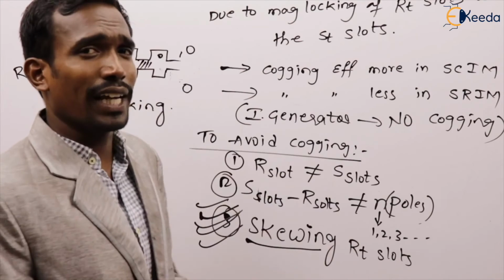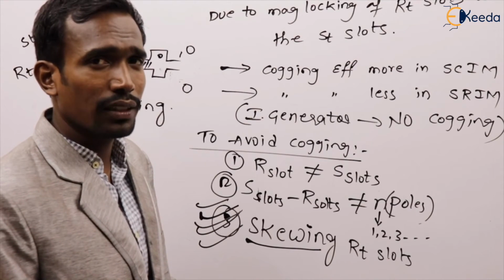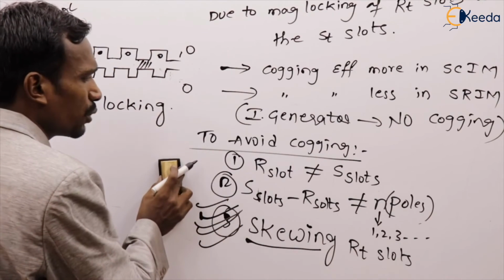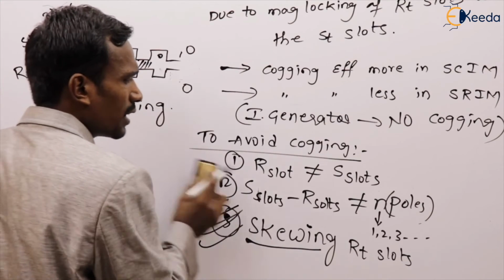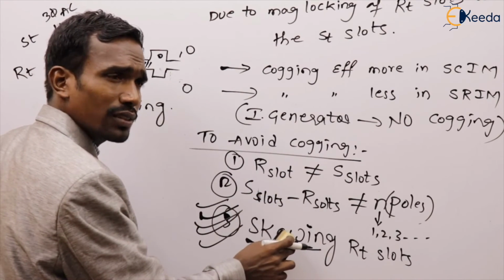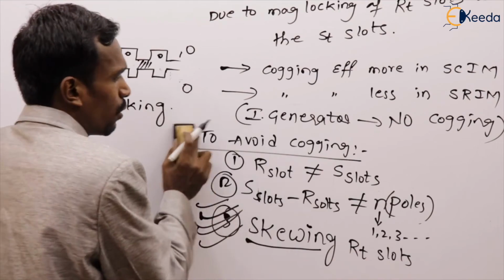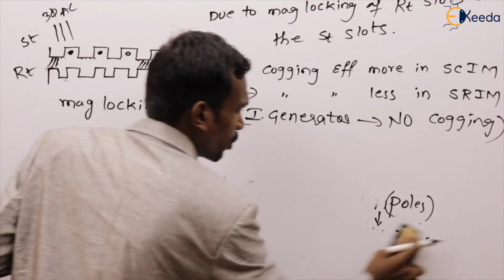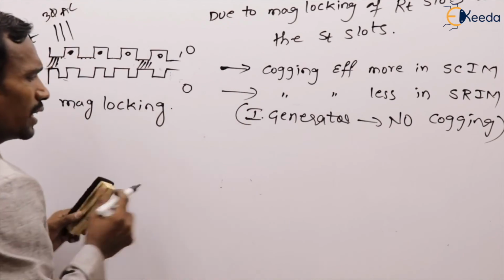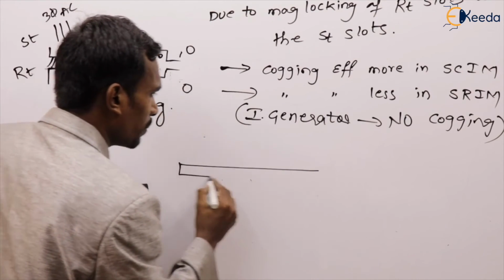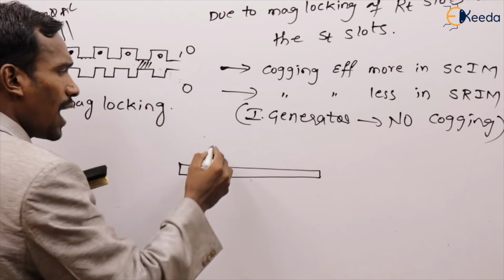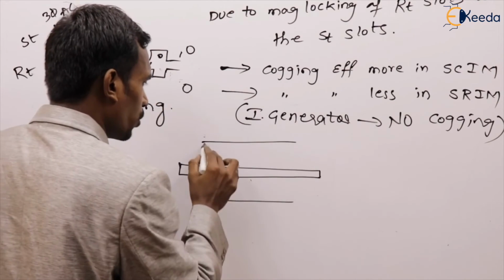So what is skewing? See here. Actually, in a squirrel cage induction machine, for example, this is my shaft and this is my rotor.